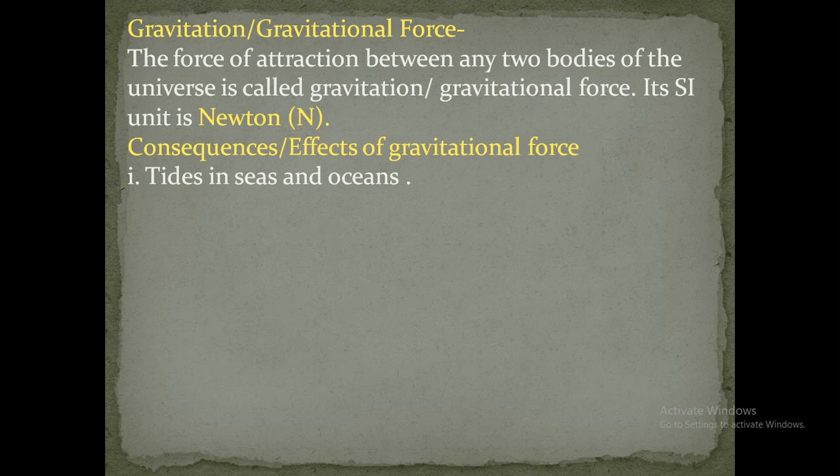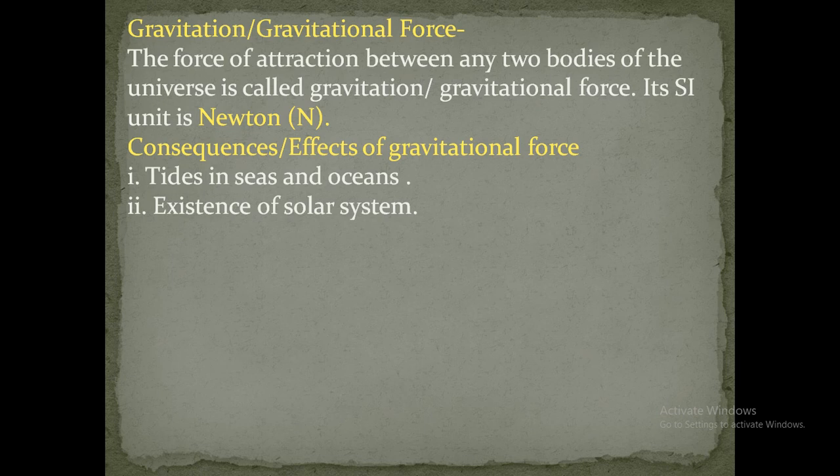Existence of solar system is also possible due to the gravitational force. So every body in this universe attracts each other with certain force. That force is known as gravitation. Due to that force, the solar system is possible.